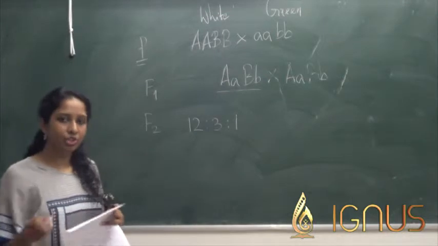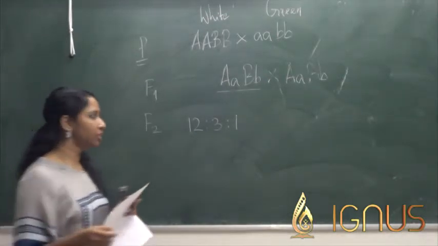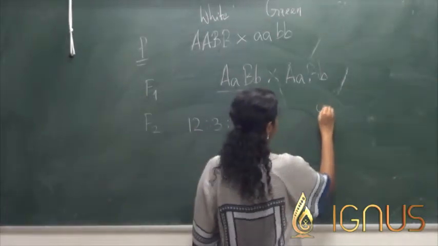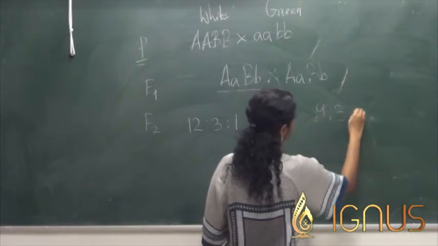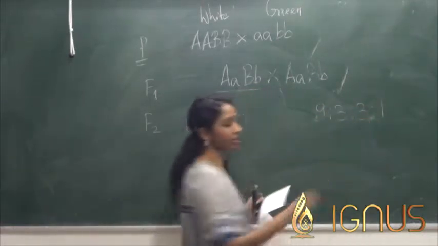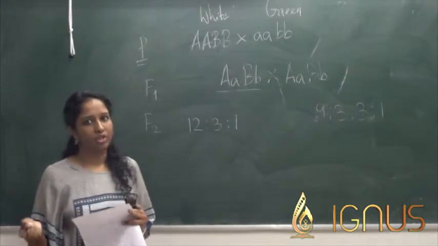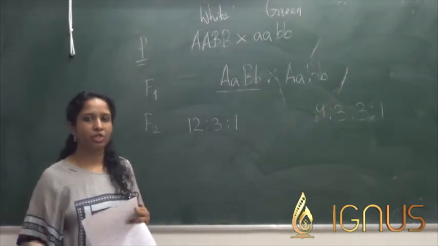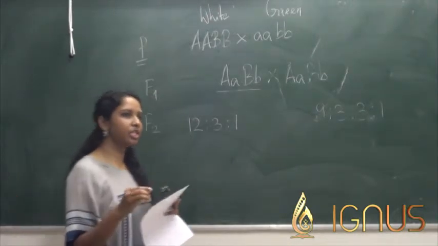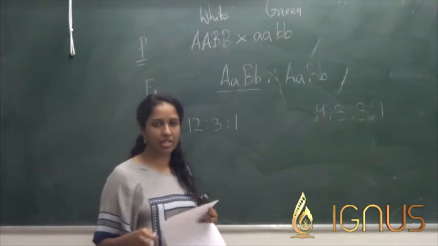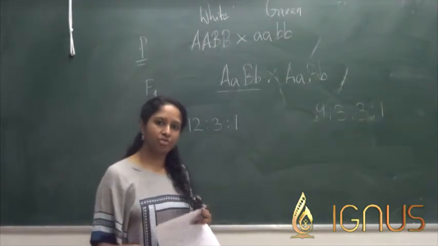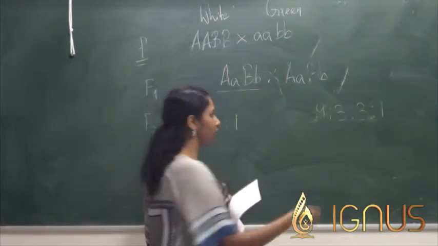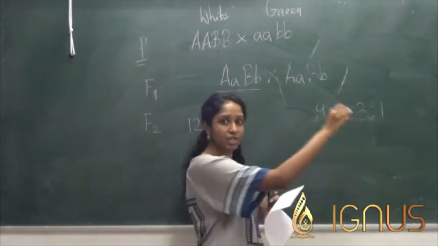okay, the usual Mendelian ratio or phenotypic ratio should be 9:3:3:1, right? This we have studied already when we were doing dihybrid cross in Mendelian genetics, that if you are taking two different characteristics and crossing them in the F2 generation, the phenotypic ratio will always be 9:3:3:1.